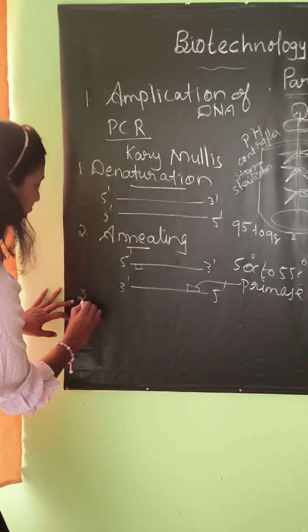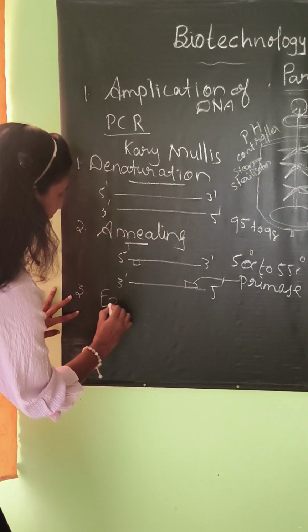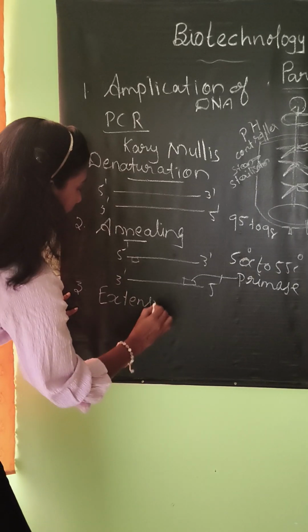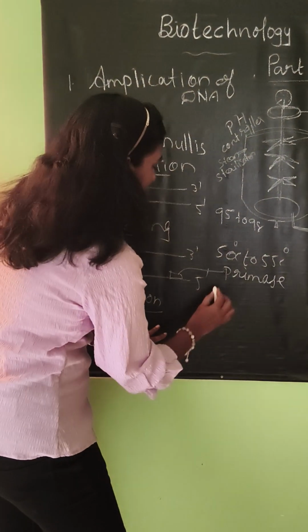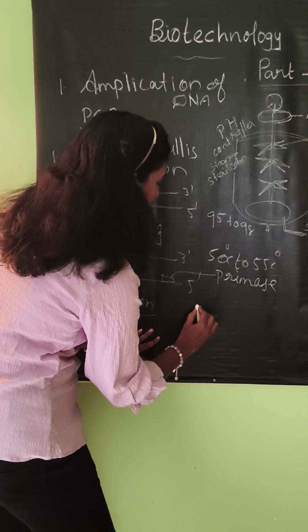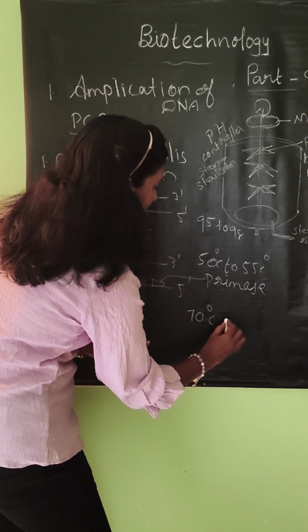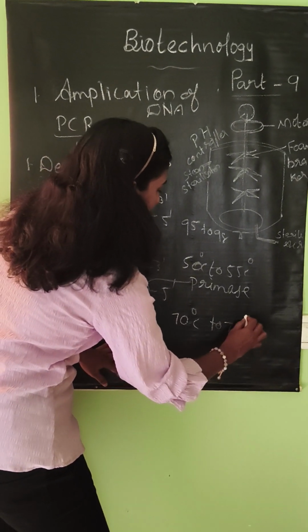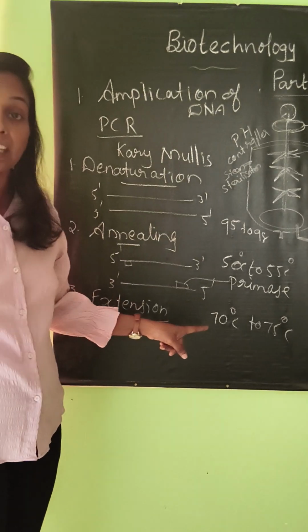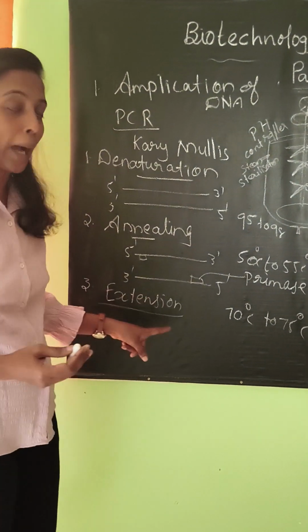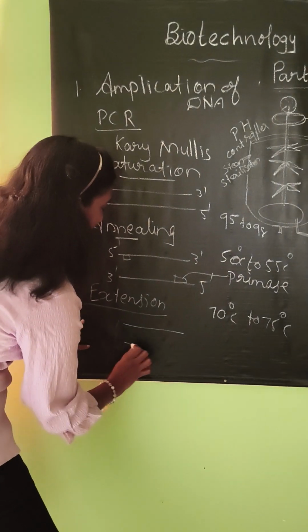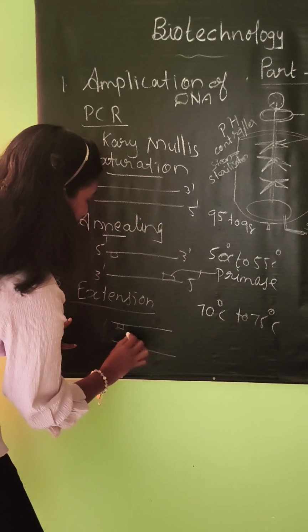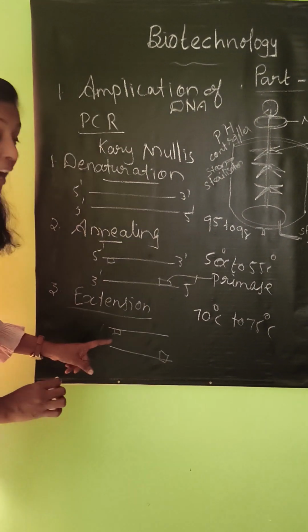Now the third process is called extension. In extension, we again increase the temperature to around 70 to 75 degrees Celsius. In annealing we joined a primer to start the process.